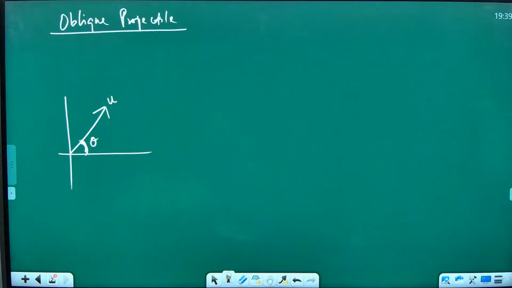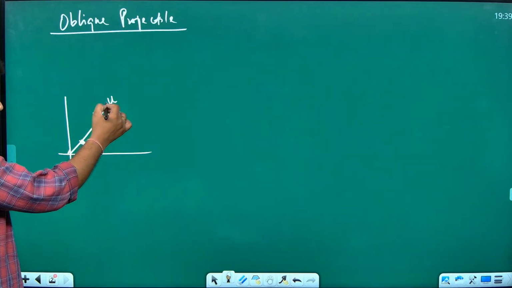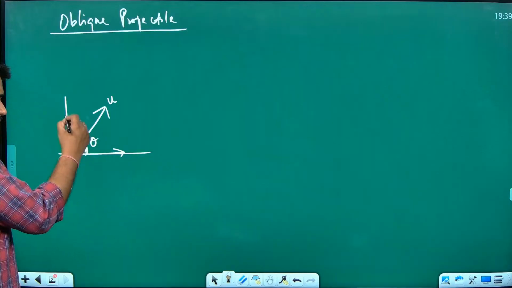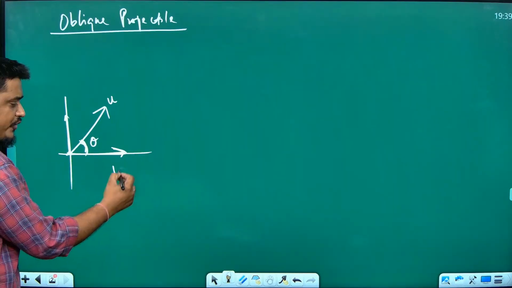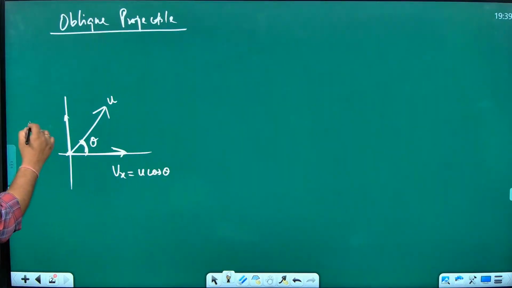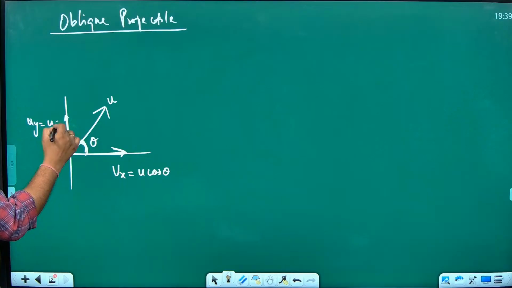theta. By now you should know, if this is a vector quantity u, it will have two components, a vertical component and a horizontal component. The horizontal component is u cos theta, and the vertical component u y is equal to u sin theta.